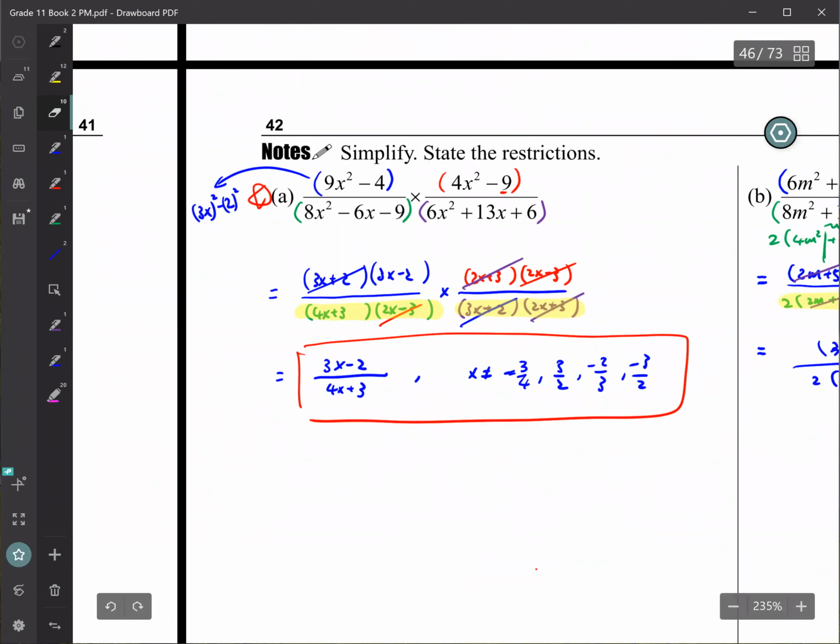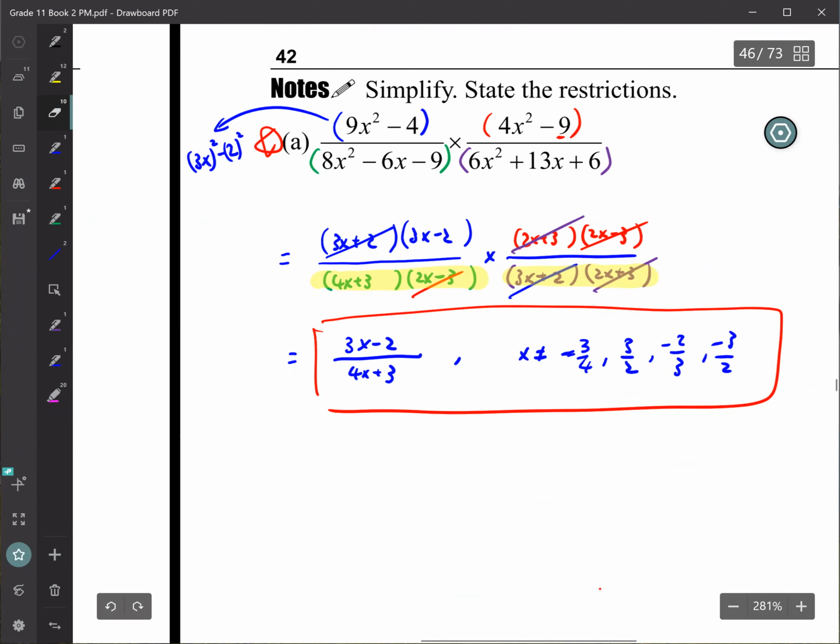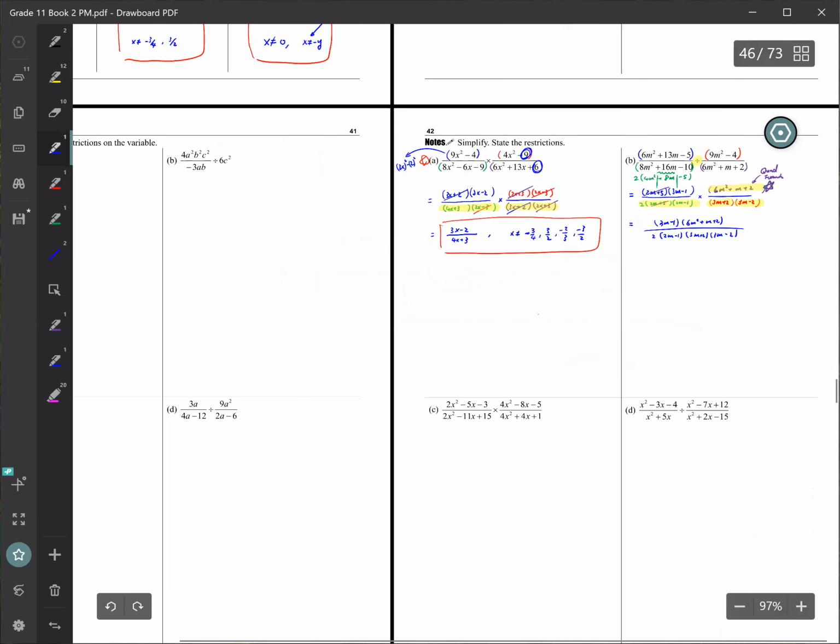Just like the 9 on the top here, the 9 cannot cancel with the 6, because the 9 is attached to the 4x squared and the 6 is attached with the other terms, right? So if you want to do canceling, you need to factor first.